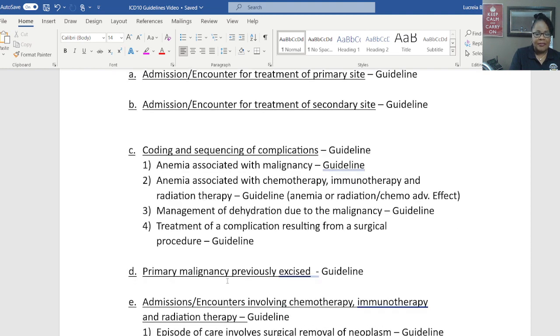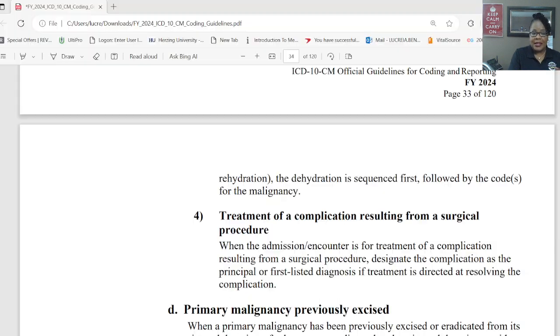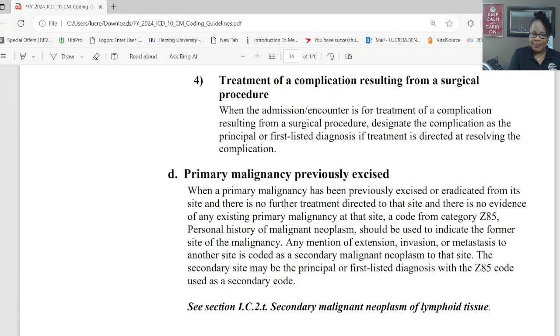All right, now we're down to D. Primary malignancy previously excised. In this case, it's gone. The body part is gone. When a primary malignancy has been previously excised or eradicated from its site, and there is no further treatment directed to that site, and there is no evidence of any existing primary malignancy at that site, a code from category Z85, personal history of malignant neoplasm, should be assigned to indicate the former site of the malignancy is no longer there.